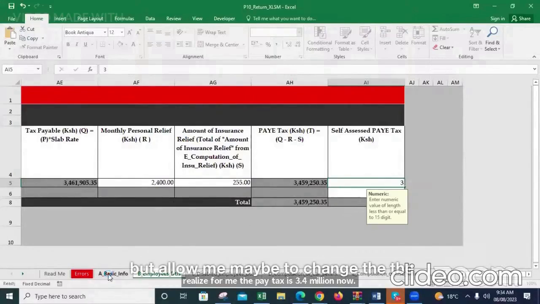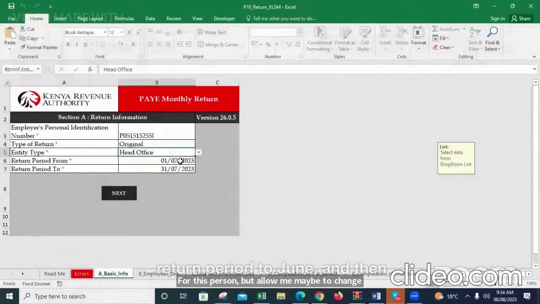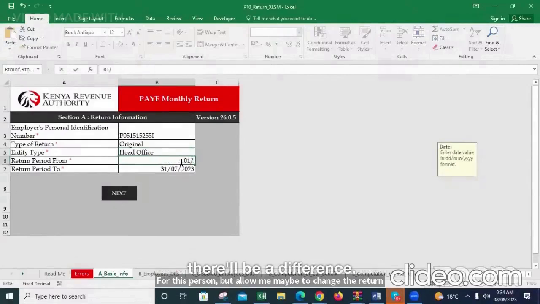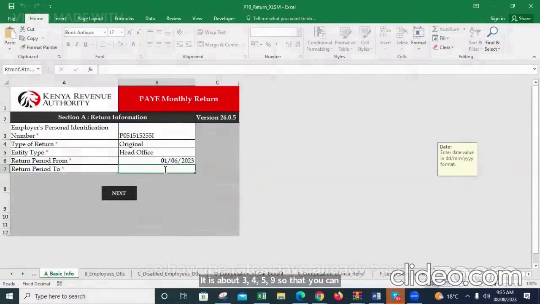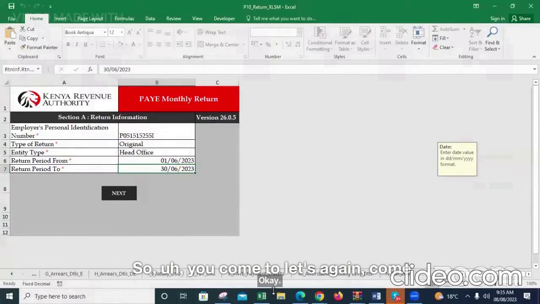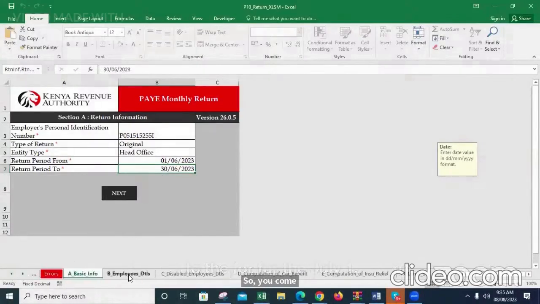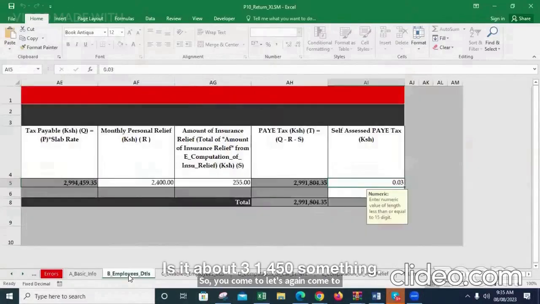Allow me to change the return period to June and you will see the difference. For July it is about 3,450,000 something.